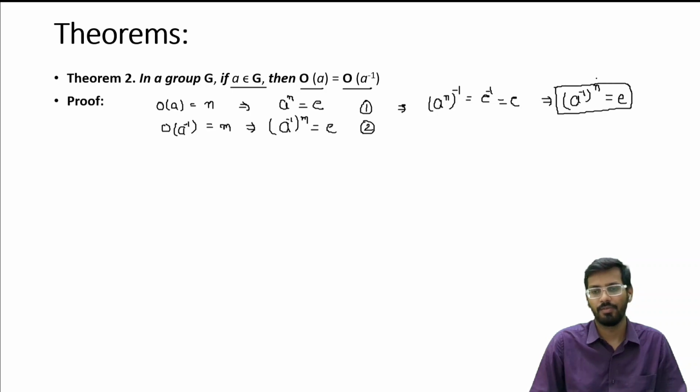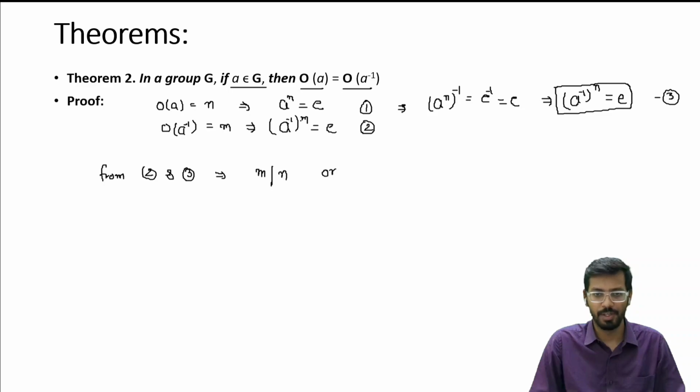Okay. From this we can say, call this equation 3. Now from equation 2 and equation 3 we can say this m divides n, or secondly we can say this m is minimum number, because here m is the order of A inverse, so ये सबसे छोटा least positive integer number है.